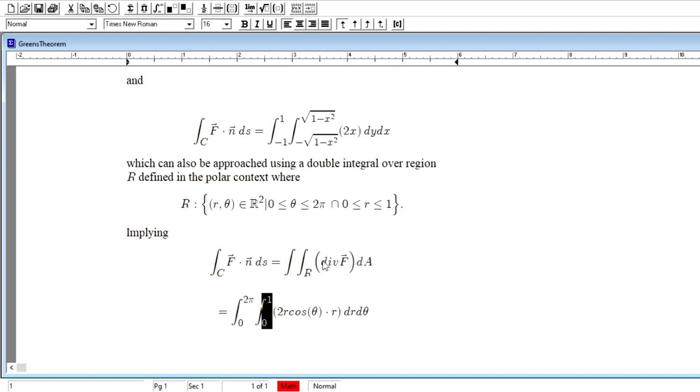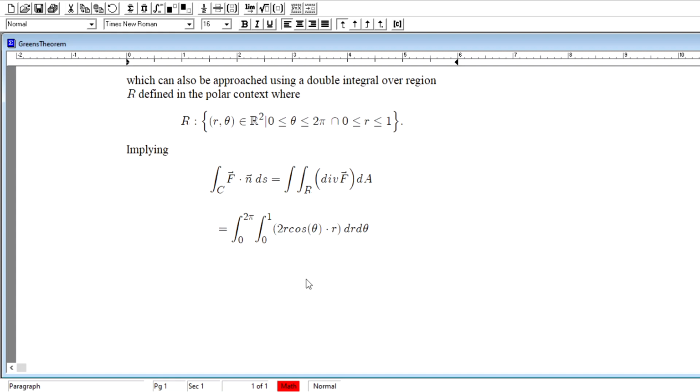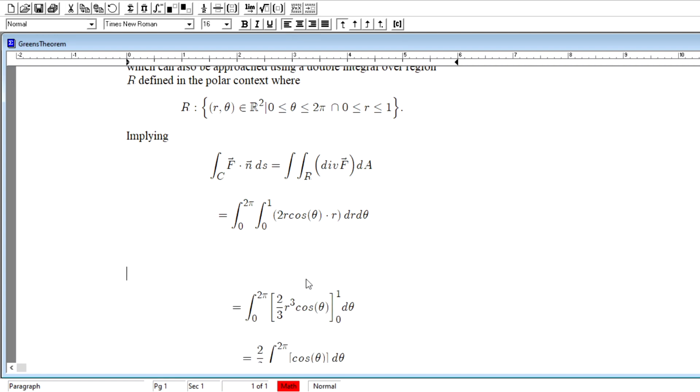If we translate the divergence of F bar, 2x, to the polar context, keep in mind x is going to turn into r cosine theta. And in this polar transformation of a double integral, we include that one scalar factor, that Jacobian multiplier given by the value of little r. This is going to become 2r squared cosine theta as an integrand, where we integrate first with respect to r, and that gives us the result 2/3 r cubed cosine theta.